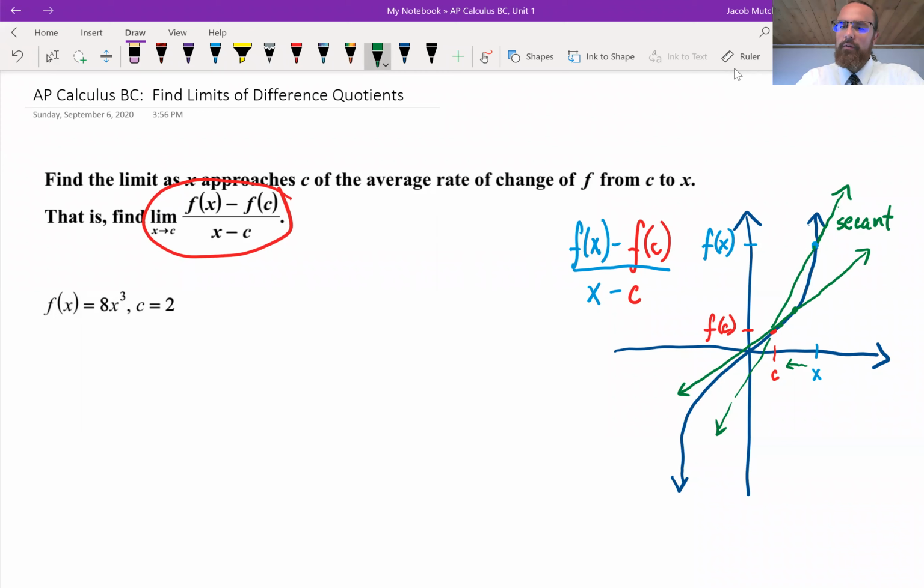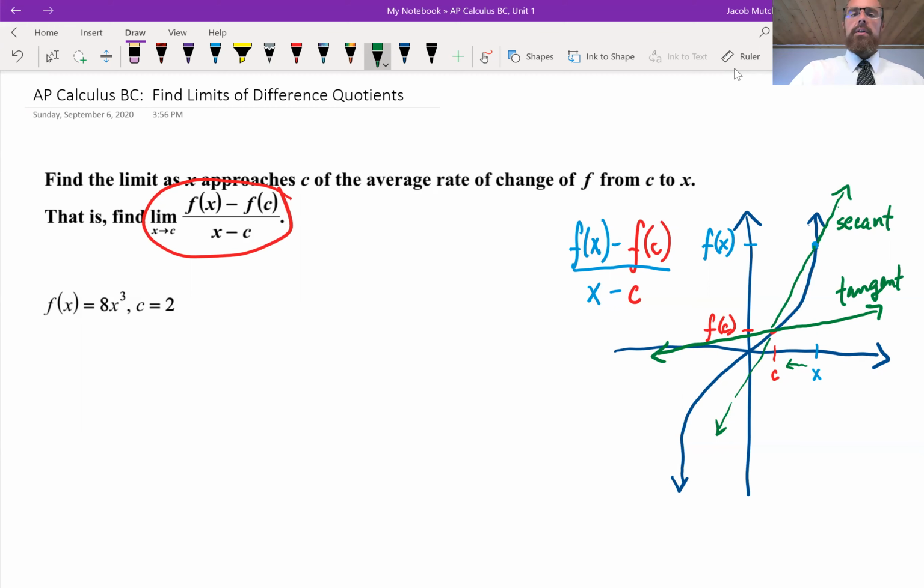So I can even kind of draw some repetitions here. And the idea is I ultimately want to get down. I'm going to back off a few of these lines. I want to get down to the exact line that goes through that point just once, and that's the tangent line. If I can find the slope of the tangent line, I can claim that that's the slope of the original function, not between 2 points, but at that point exactly.